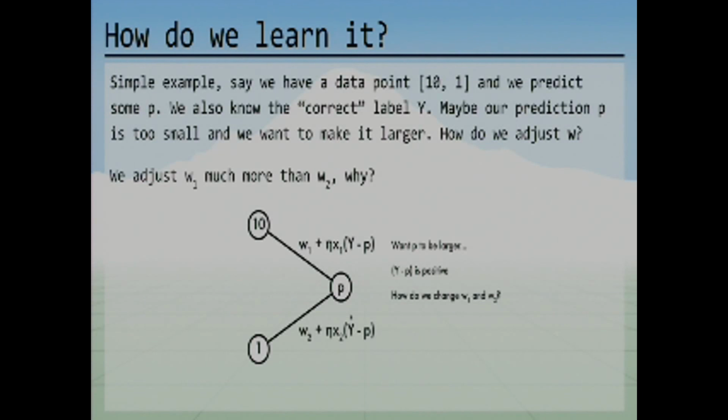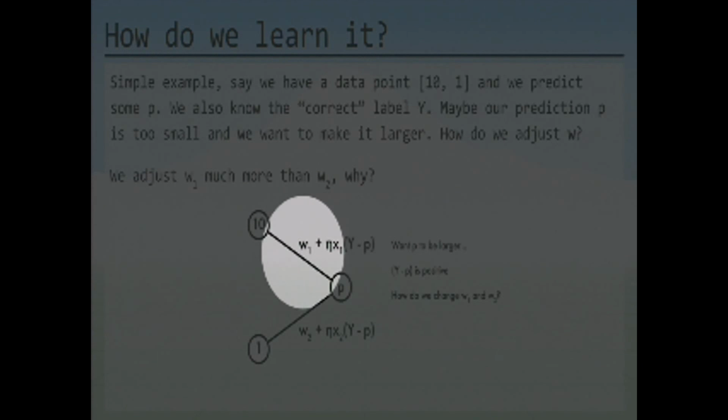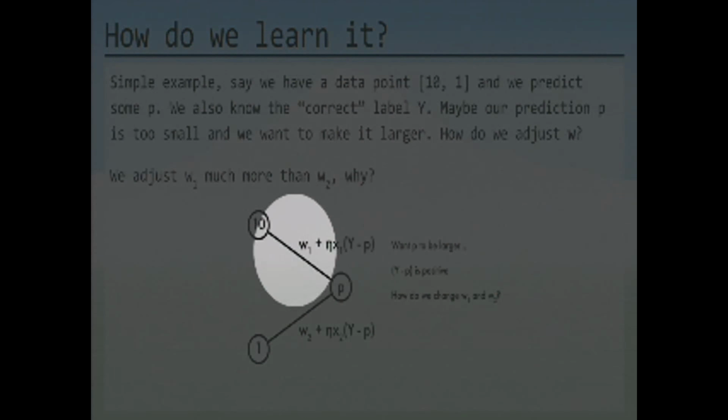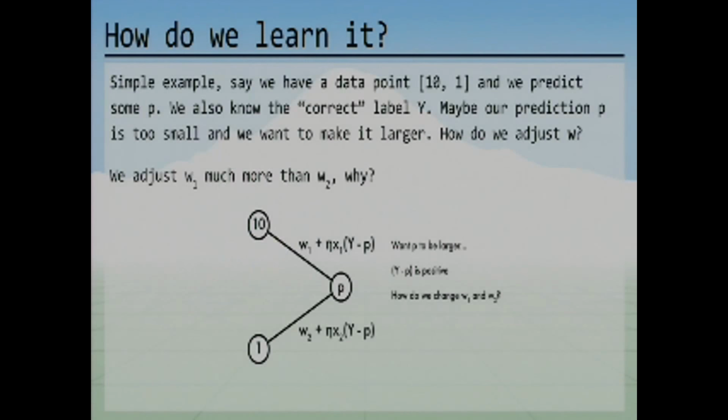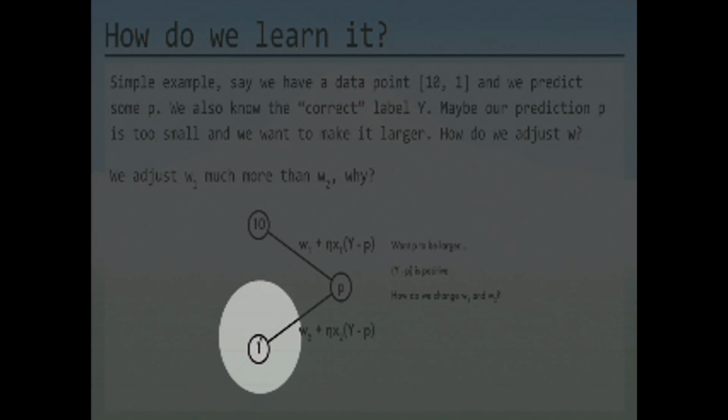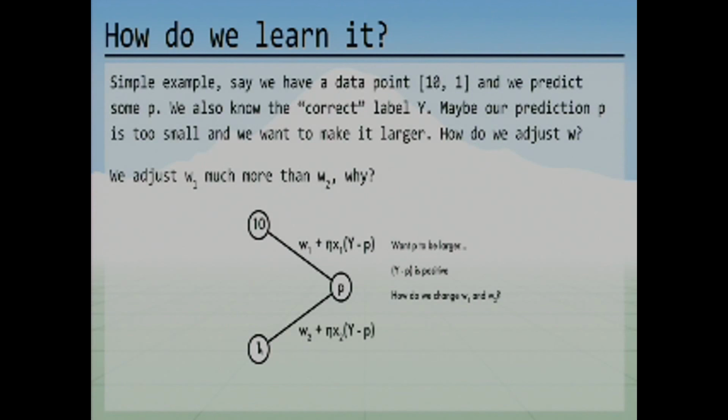In particular, what ends up happening is our partial derivative is based on the input. So the partial derivative is our gradient, y minus p times x1 for weight 1, and x1 is 10. So we're going to modify this weight 10 times more than we're going to modify this weight. And that makes a lot of sense when you think about it intuitively. We're thinking about the gradient, which is the direction of most change.